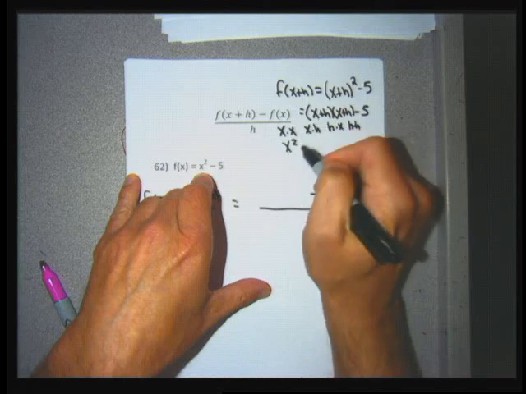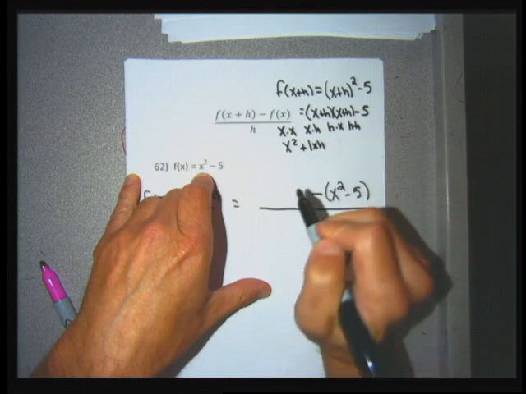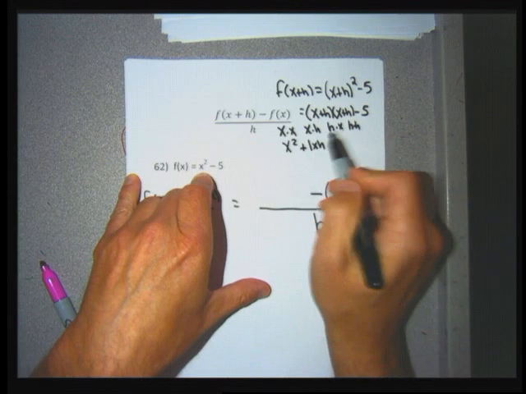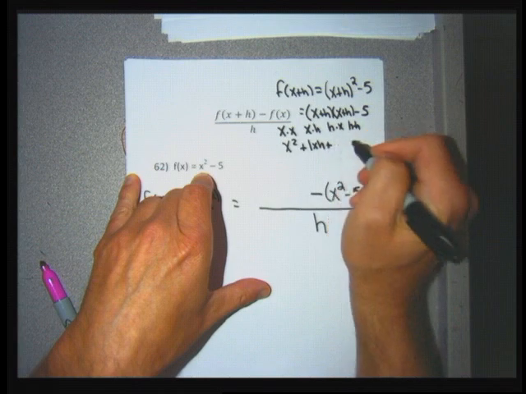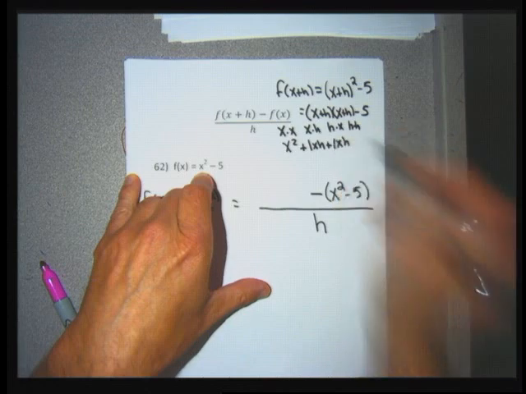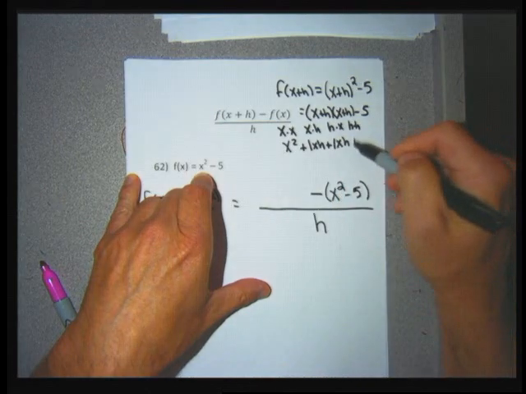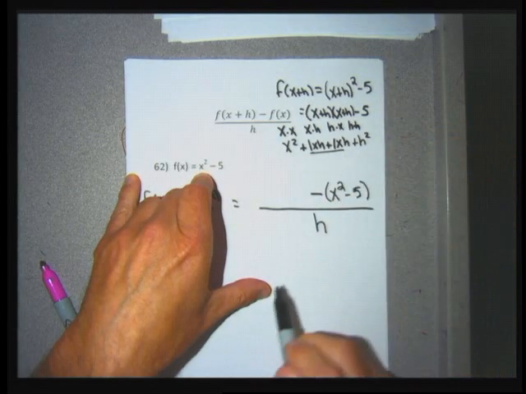This piece I'm going to write as 1xh, because if there's no number, there's an implied 1. For the hx, I'm going to write that as an xh. They're both plus, so I'm going to put a plus sign, and I'm going to emphasize there's a 1 in front. And the h times h at the end, I'm going to write as h squared. These two pieces I'm going to write as 2xh.